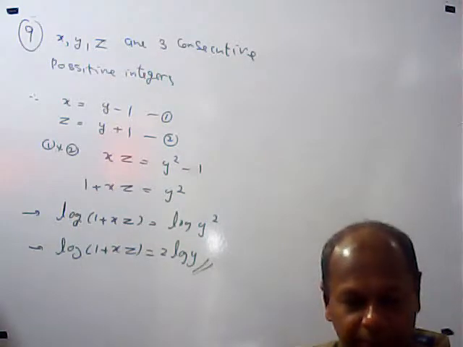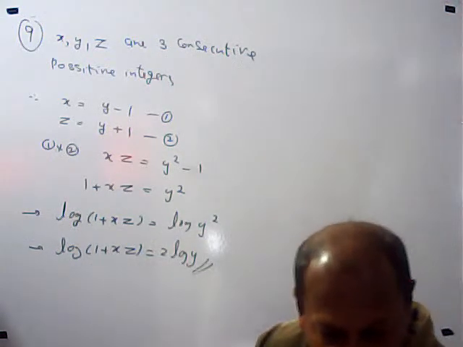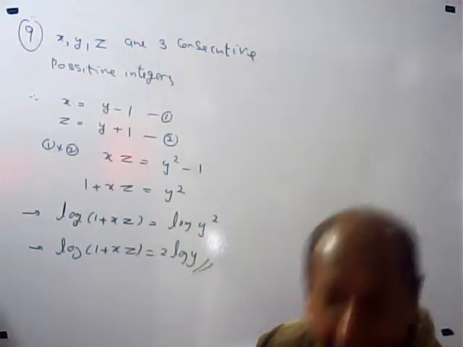Okay, question number 10. a square plus b square equals 8ab.